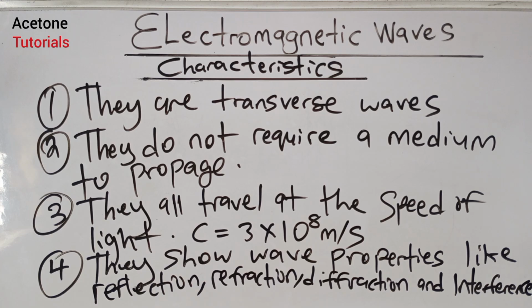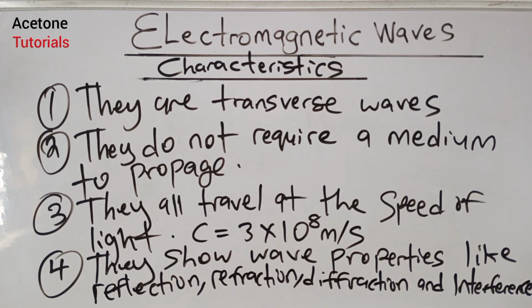So they show wave properties like reflection, refraction, diffraction, and interference. In addition to this, they also exhibit polarization because they are transverse waves. That's the typical characteristic of transverse waves, polarization.